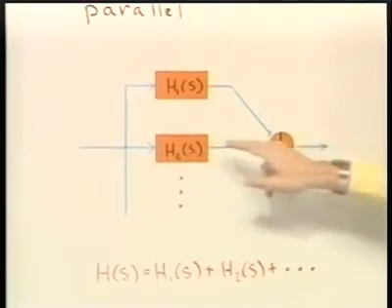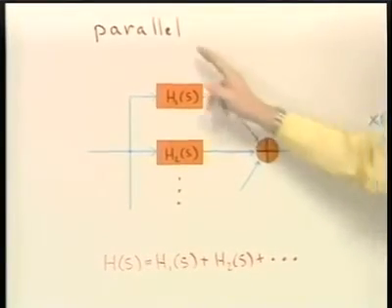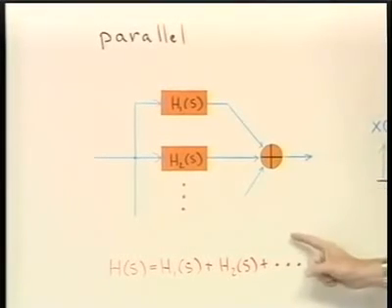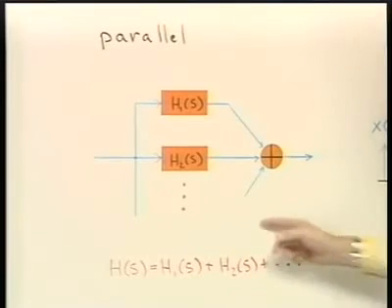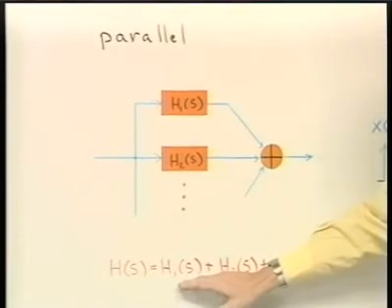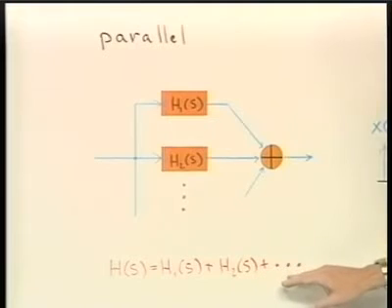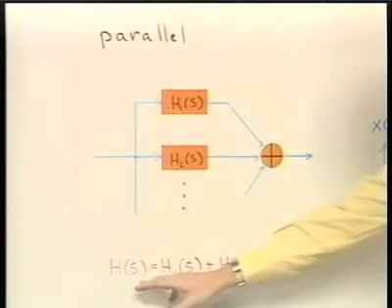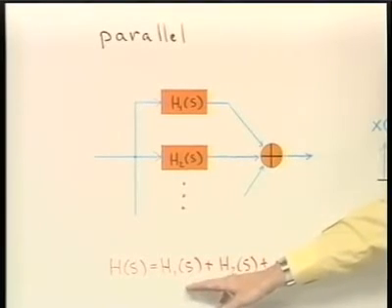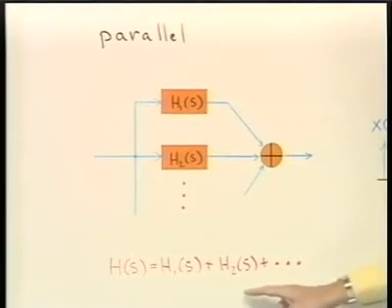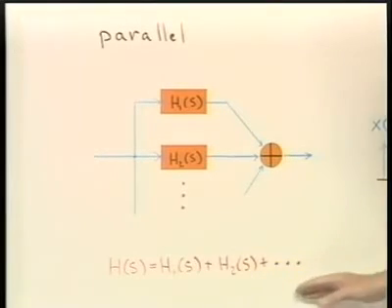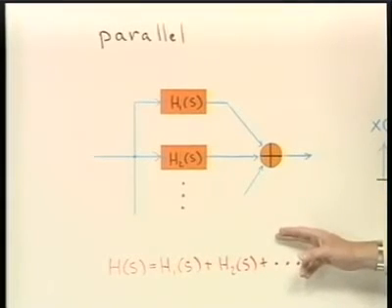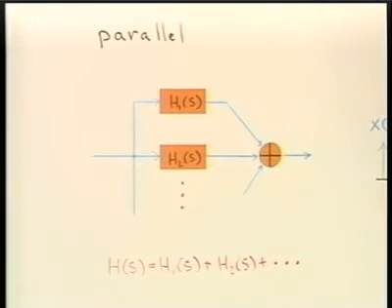The overall system function is simply the sum of these, and that follows from the linearity property. And so the overall system function would be as I indicate algebraically here. Notice that if each of these are second-order systems, and I had capital N of them in parallel, when you put the overall system function over one common denominator, that common denominator in general is going to be of order 2n. So either the parallel connection or the cascade connection can be used to implement higher order systems.